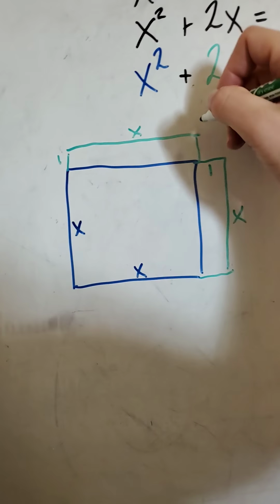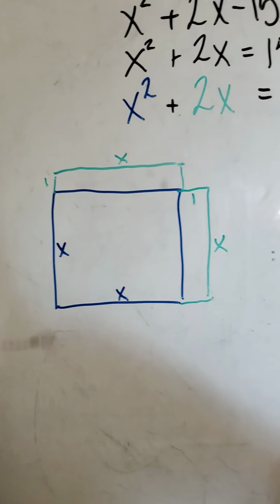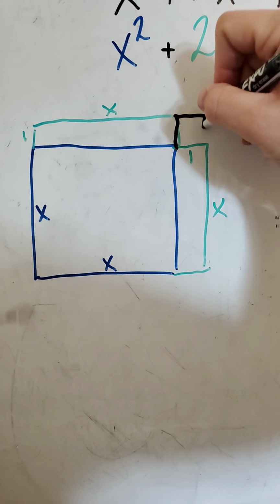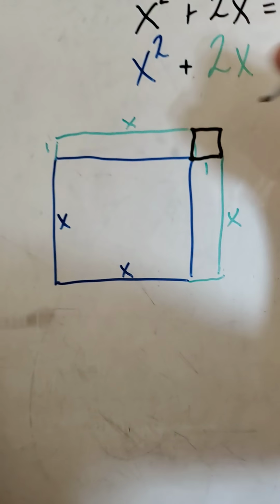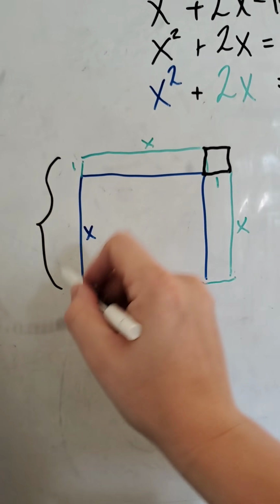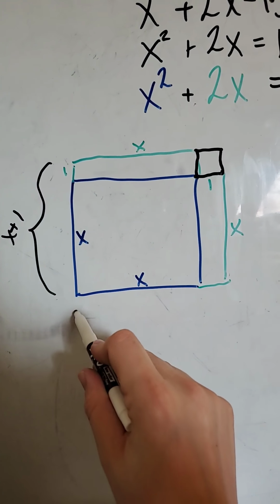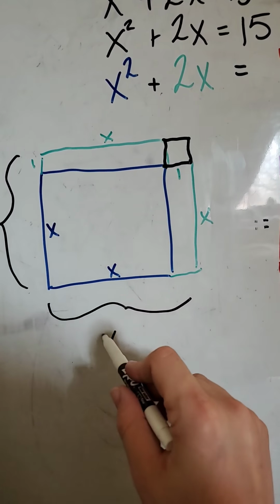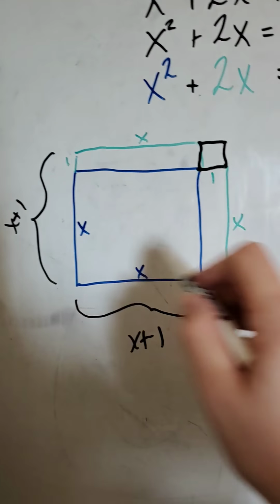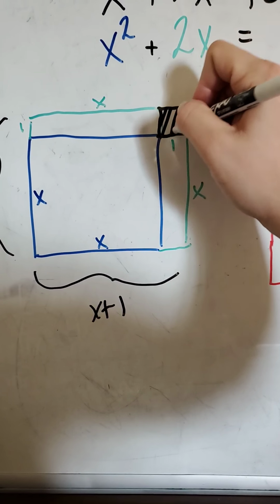Well, if that's true, then what is this little extra spot right here? This little spot completes our square, because now my square has a side length of x plus 1 in both directions. So this is a square as long as I fill in this little space.